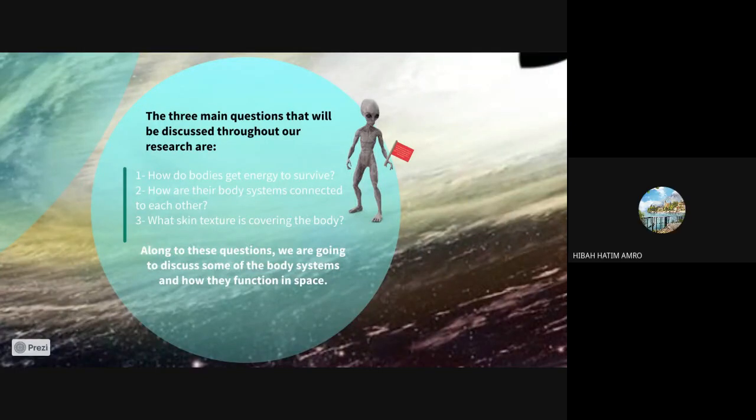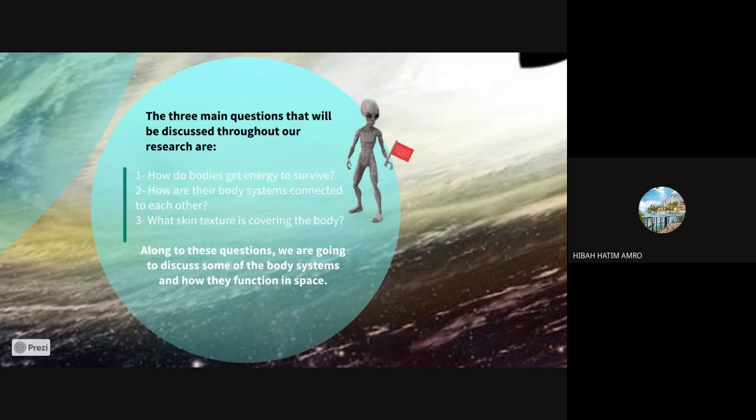This research introduces the concept of modeling aliens through science fiction filming. It will also discuss how the anatomy of body systems helps us in designing an alien for the science fiction film industry. The three main questions that will be discussed throughout the research are: first, how do bodies get energy to survive?